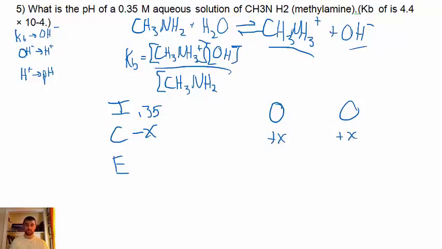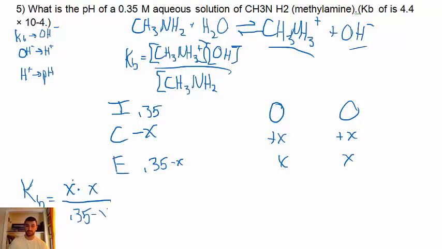The equilibrium amounts will be 0.35 minus X, X, and X. Now we can plug these into our Kb expression, so Kb equals X times X all over 0.35 minus X. That's not too bad.